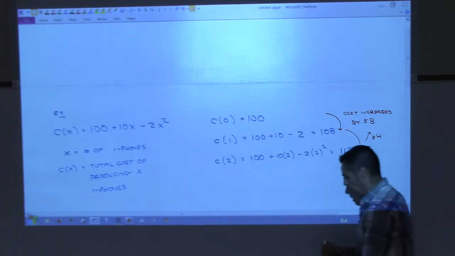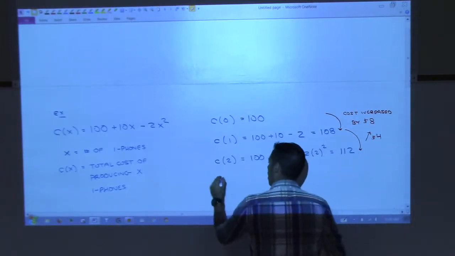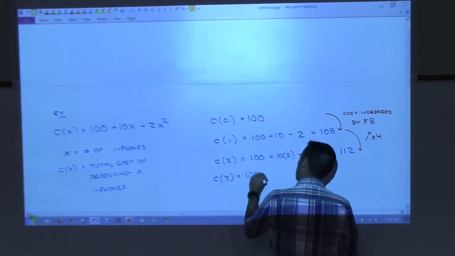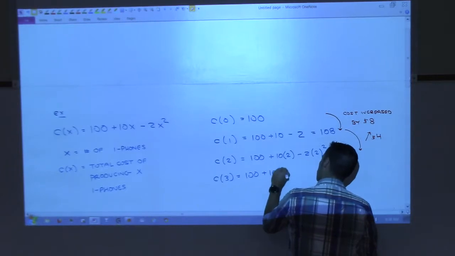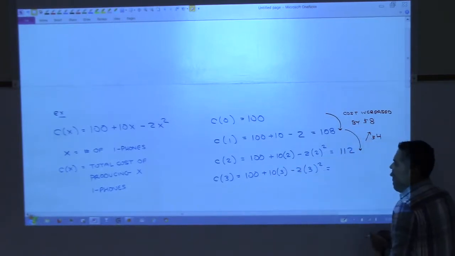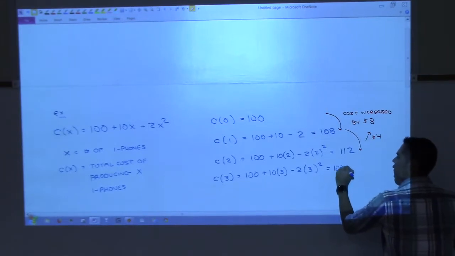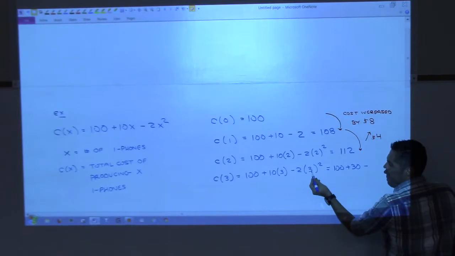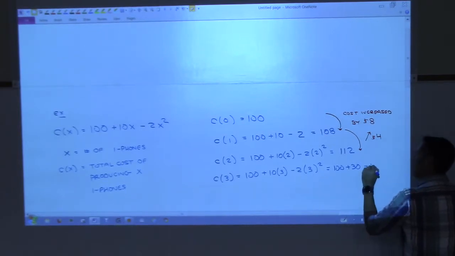Let's go to 3. What would be the cost of manufacturing 3 phones? So we have 100 plus 10 times 3 minus 2 times 3 squared, which would be 100 plus 30 minus 9 times 2 is 18.